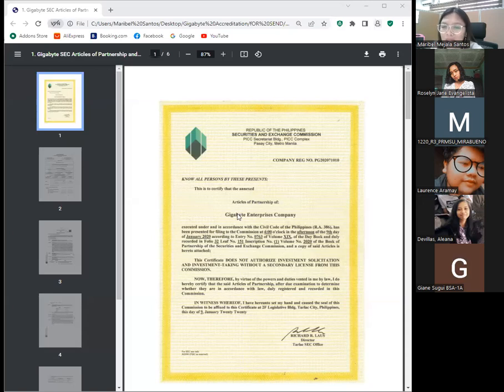This is registered under SEC kasi ang corporation po at ang partnership was registered under Securities and Exchange Commission while sole proprietorship was registered under DTI, Department of Trade and Industry. So that's it, no? Nakalagay lang naman dyan kung kailan siya nag-commence. Ito, it commenced last January 9, 2020.